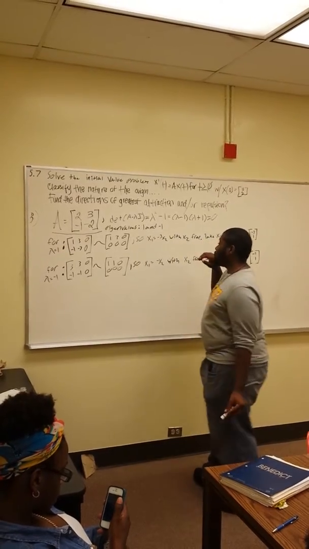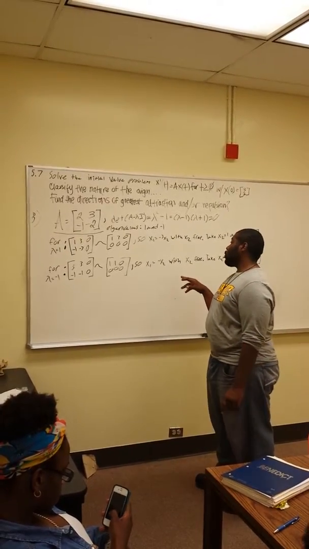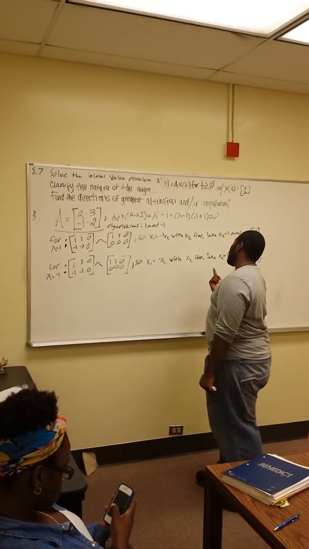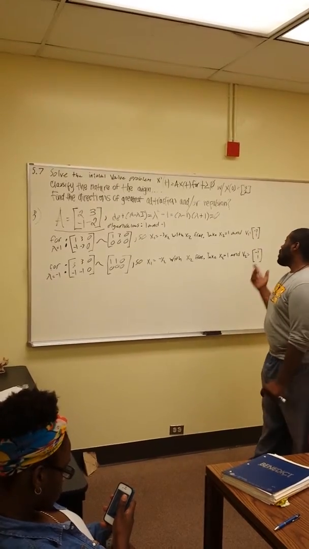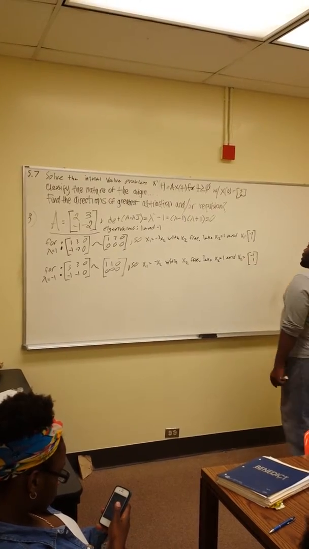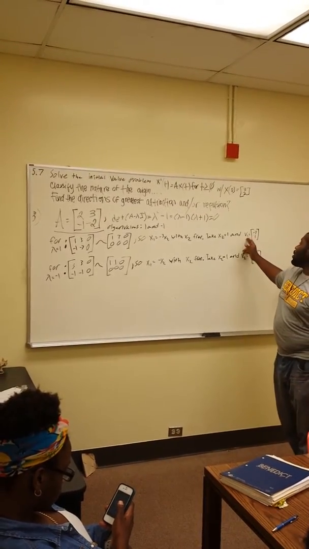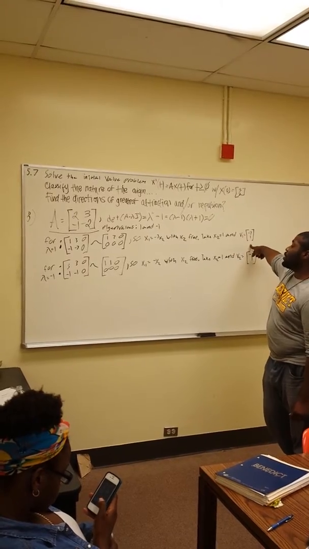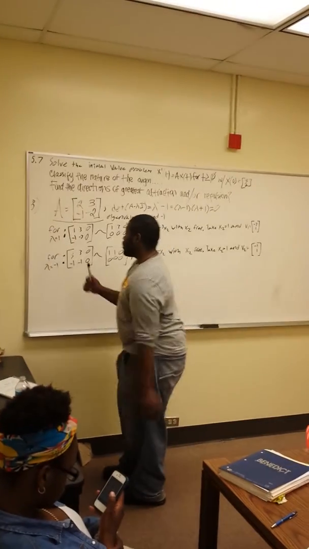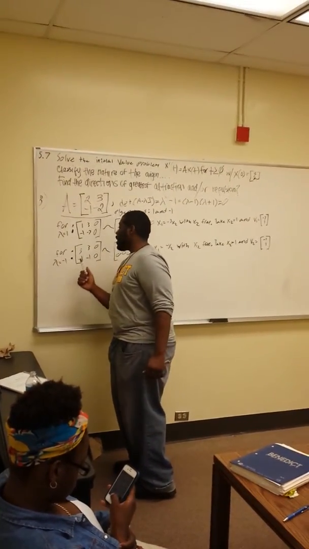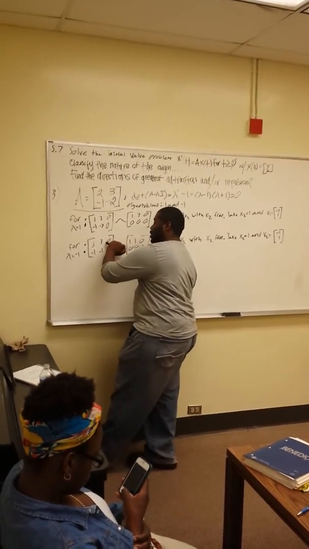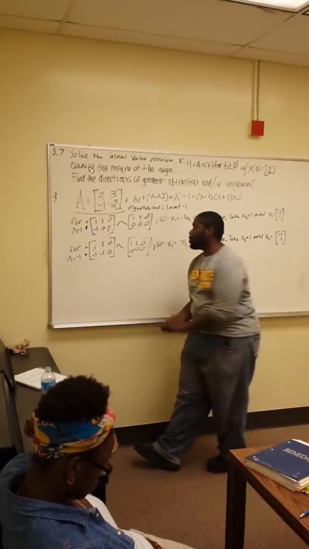So x1 is going to be equal to -3 x2, with x2 being a free variable. Set x2 equal to 1, and that makes v1 = (-3, 1).